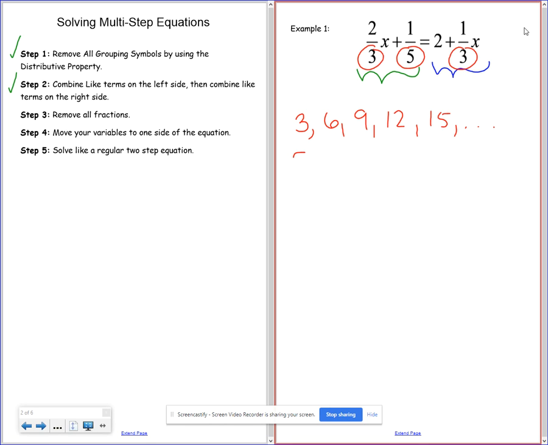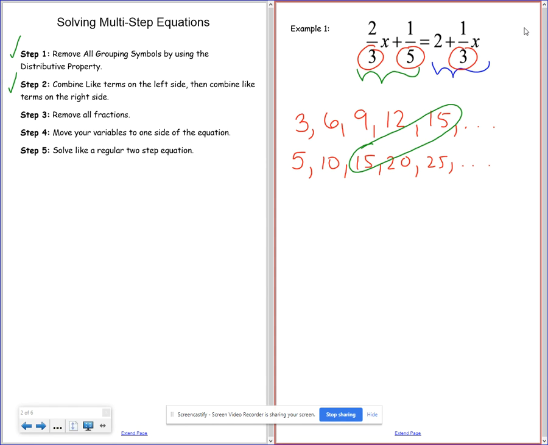And then count by fives, 5, 10, 15, 20, 25, and so forth. What's the first number that they have in common? 15. So the least common denominator is 15.